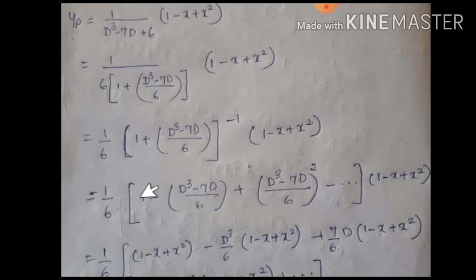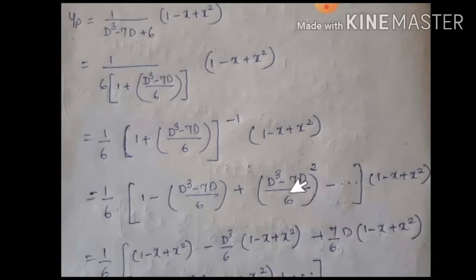And apply the formula. Plus minus is there, meaning alternate positive and negative in the series expansion of (1 plus x) whole to the power of minus 1. What is the expansion? 1 minus x plus x square, etc. Here, in (7D) whole square, there is a chance of getting the power of D as 2, and we also have a polynomial term up to the power of 2.